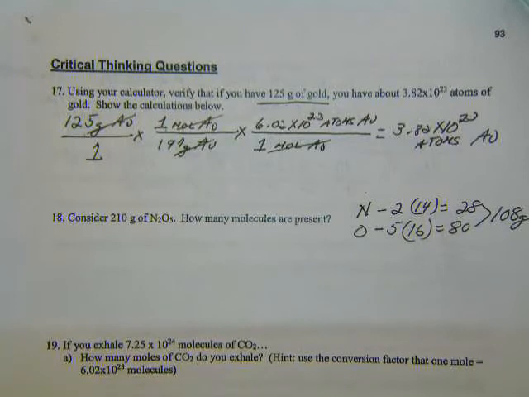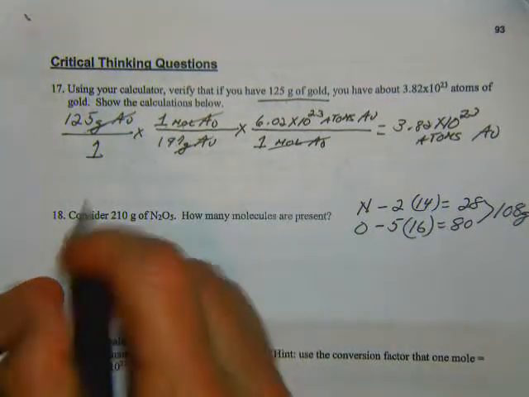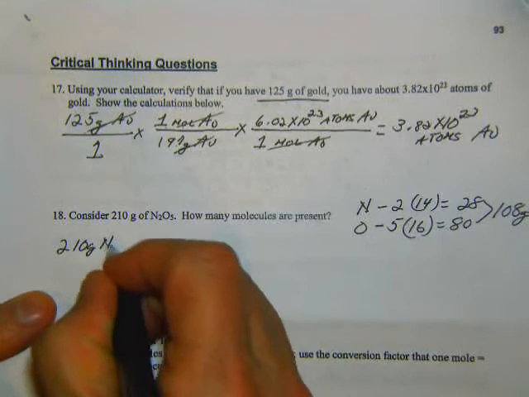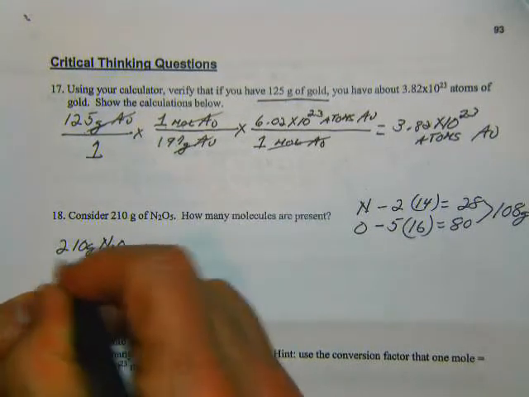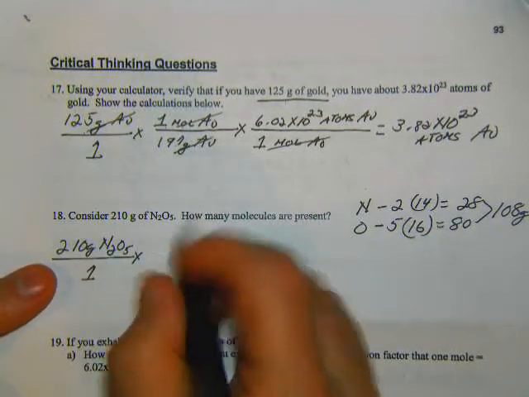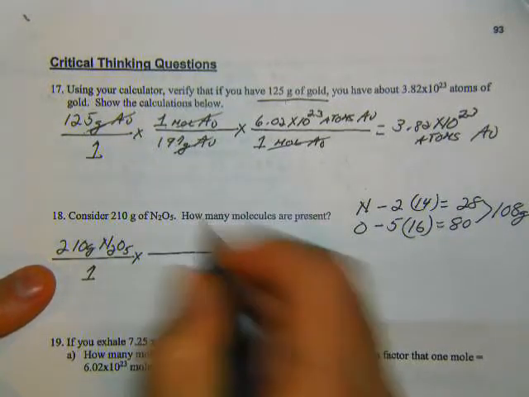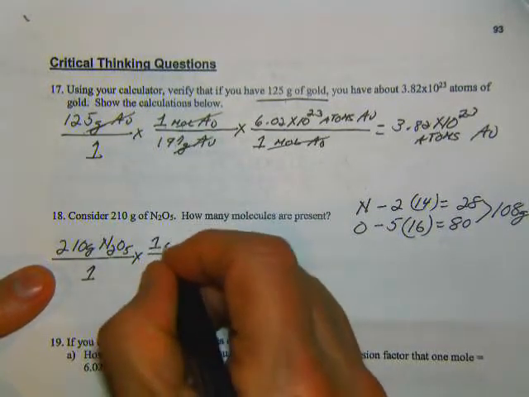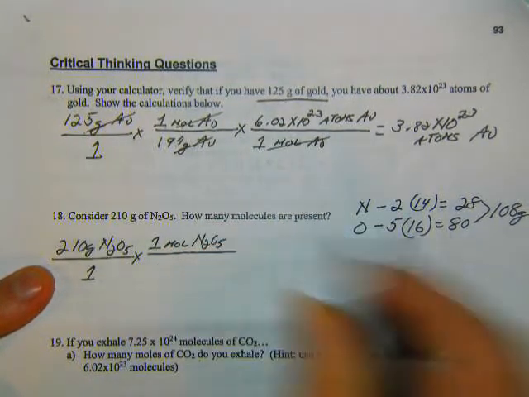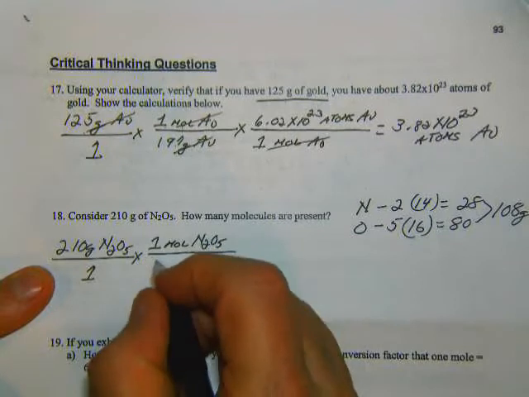Whenever you're given grams, you've got to start thinking moles. So we're given 210 grams of N2O5. I always like to put things over 1. We've got to take this and convert it to moles. We know 1 mole of N2O5 is 108 grams.